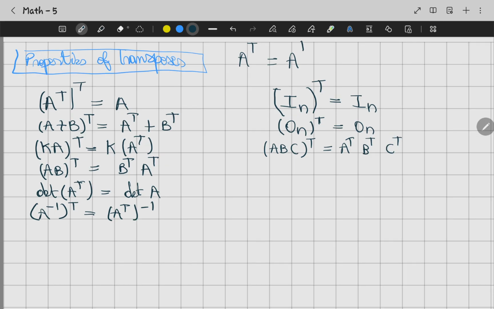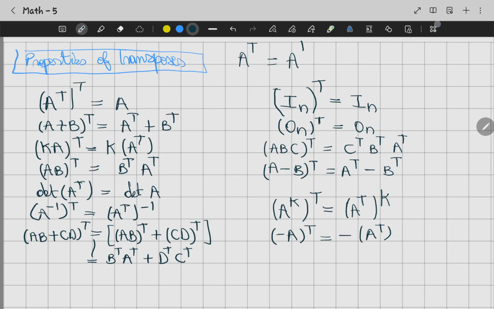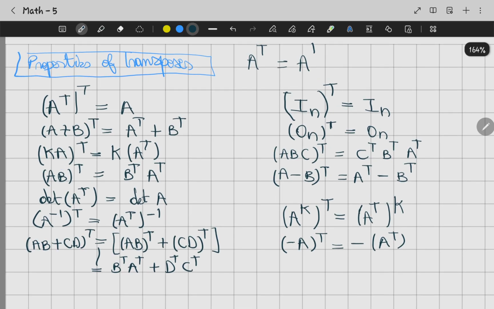There is one thing, it will be the other way around, so we're going to start with C. Always reverse them. And if it was A minus B transpose, the answer to this will be A transpose minus B transpose. So this is what we have.